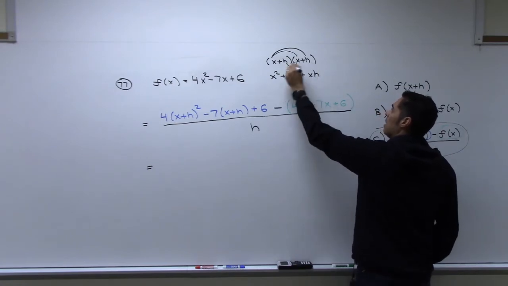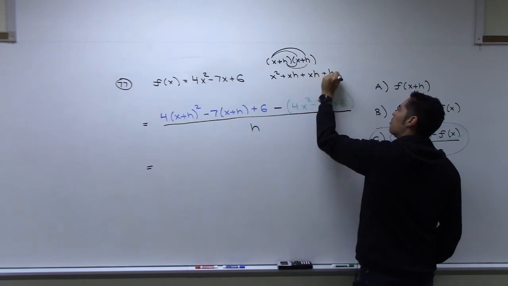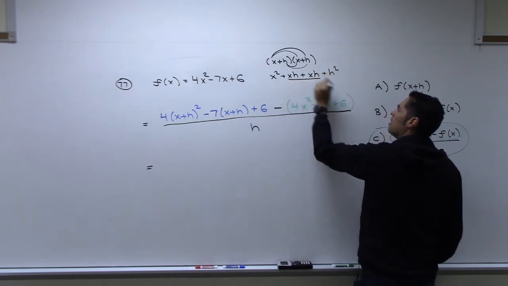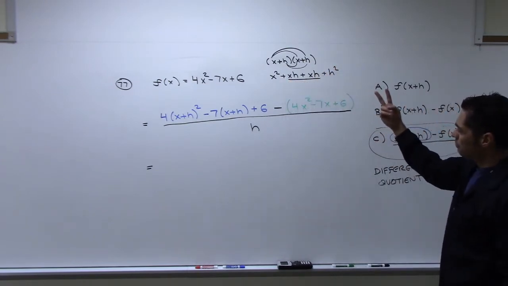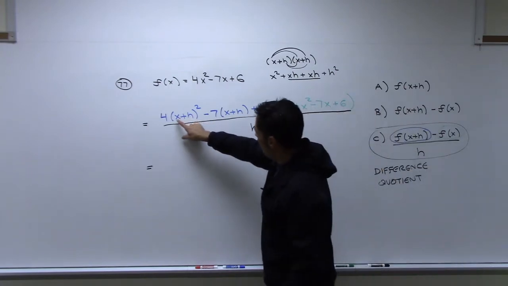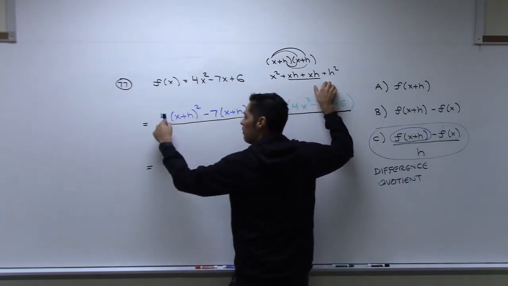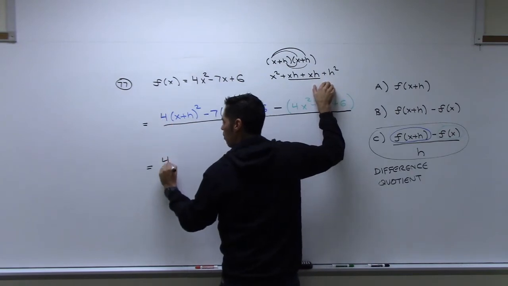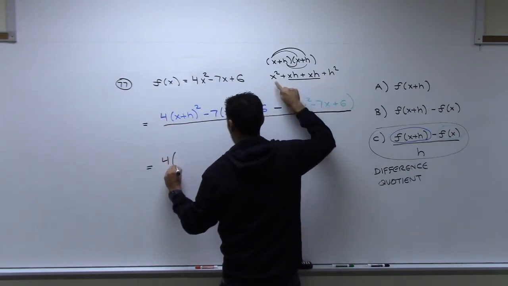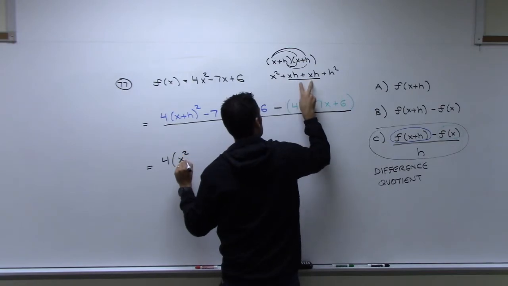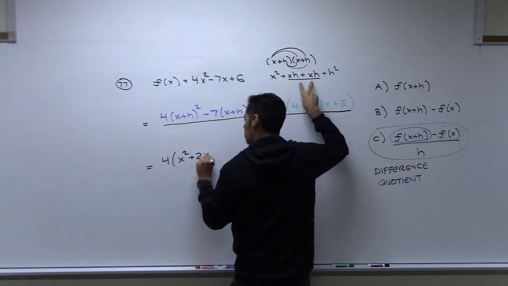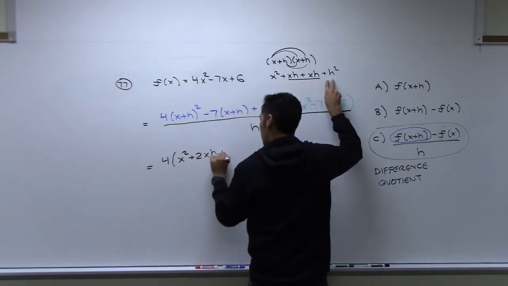And then h times h is going to give us plus h squared. So put those two together and you're going to have 2 of them. So this part right here that's being squared is going to be all this put together, but I still have a 4 out front. So I'm going to put 4 parentheses x squared, these two guys plus 2xh plus h squared.